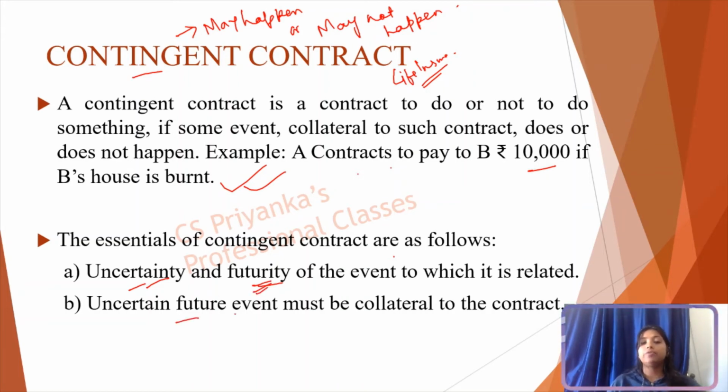An uncertain future event must be collateral to the contract. In future it will happen or not happen, we can't say from now. So it is an impossible event. If you make this type of contract, it's a contingent contract. An impossible contract we also call void.